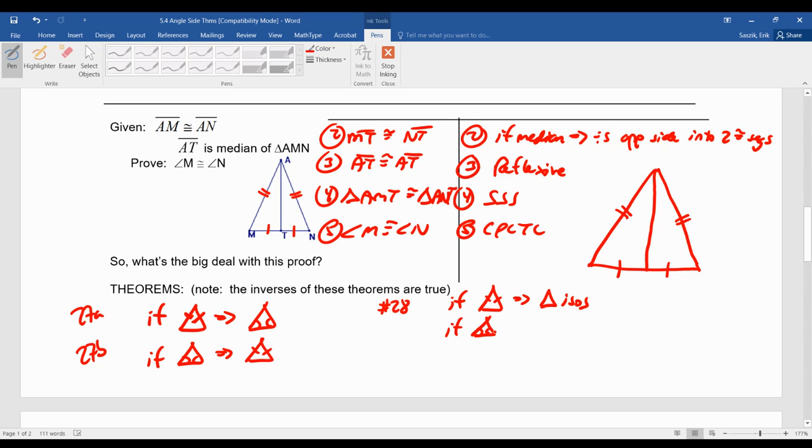If 2 angles congruent, the triangle is isosceles. Of course, if triangle's isosceles, then 2 sides congruent. If triangle is isosceles, then 2 angles are congruent. So you can use all this shorthand stuff. Saves us a lot of precious time.